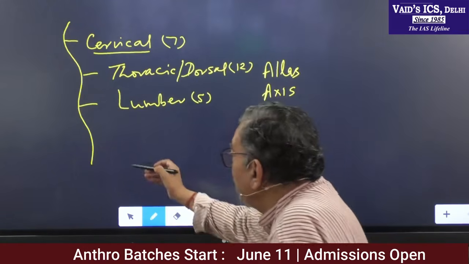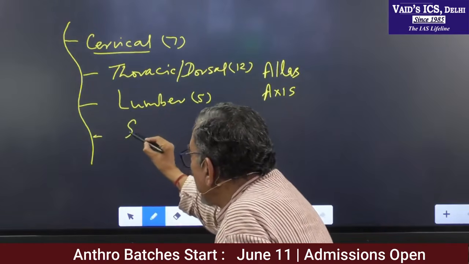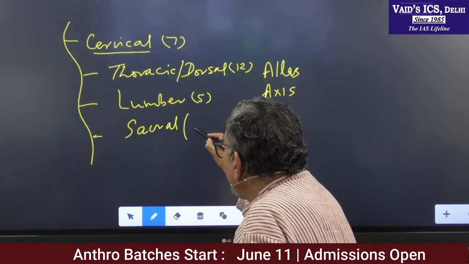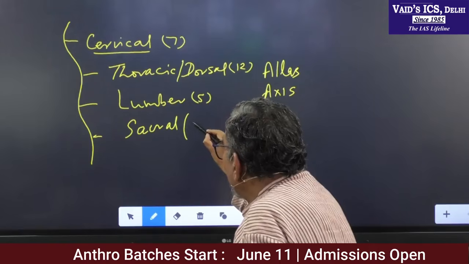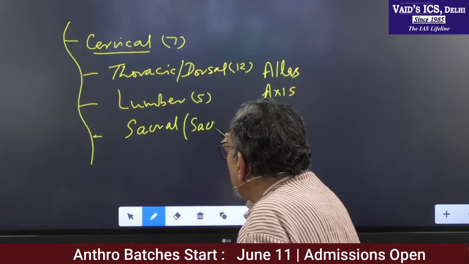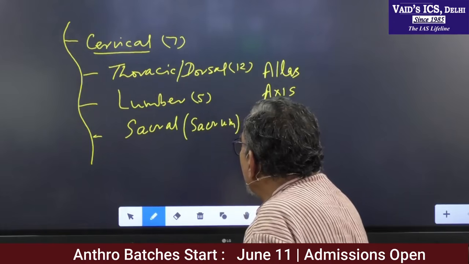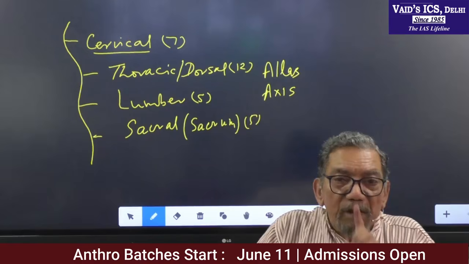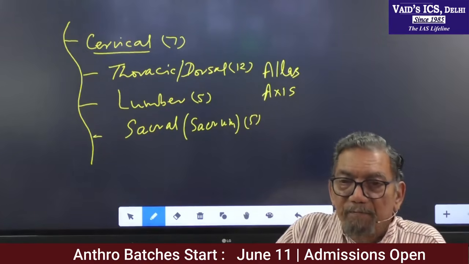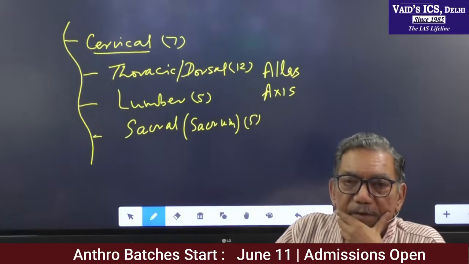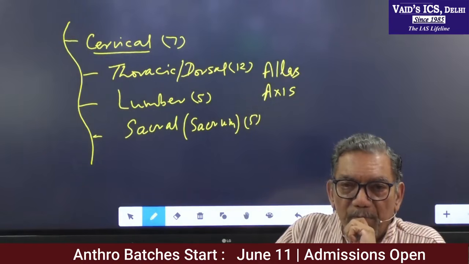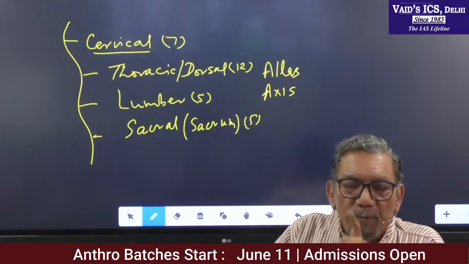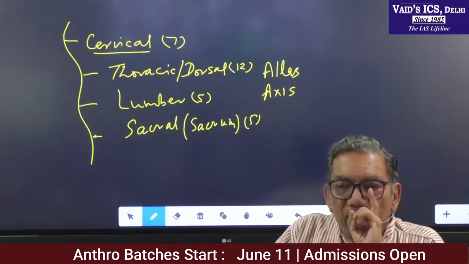Next five you have sacral, and they fuse together to form one sacrum. It's a single bone, five vertebrae fused together. It is the single most important bone for identification of sex of the skeleton.